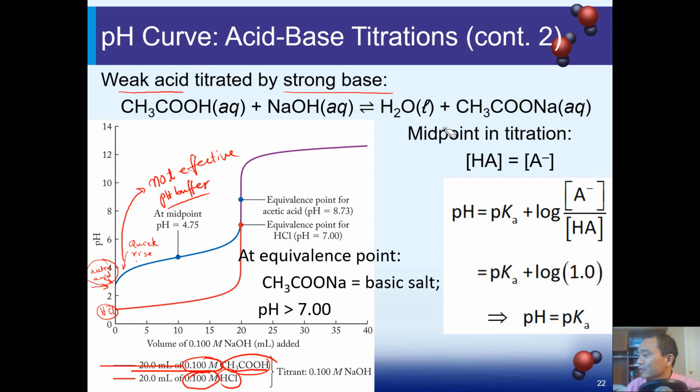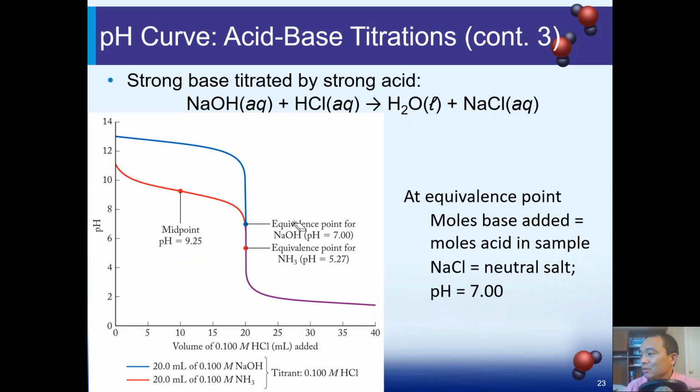So those are several features to pay attention to. First, you start with a low pH. You see first the quick rise of pH. Then you see the equivalence point pH is greater than 7. Here it is 8.73.